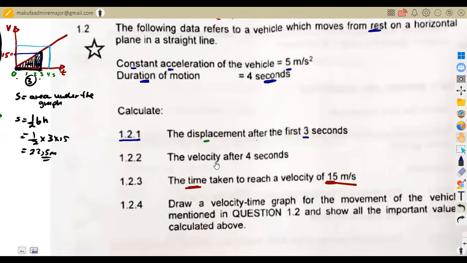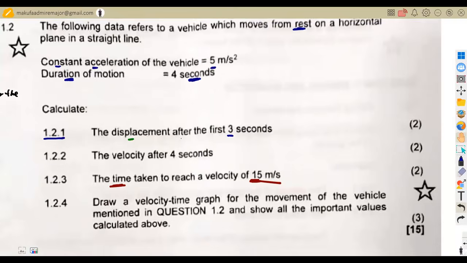Then if you check question 1.2.4 now, they wanted us to draw a velocity-time graph for the movement of the vehicle mentioned in question 1.2 and show all the important values calculated above. So we need the velocity-time graph in this case. Remember, we listed our information.